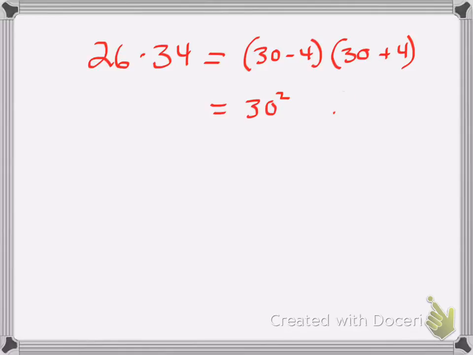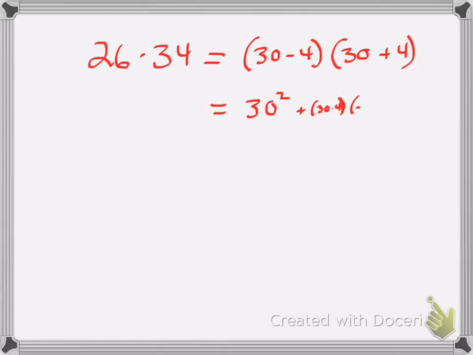If I were to write this out and double distribute, I would get plus 30 times 4. Oops. And then I would have minus 30, minus 4 times 30.